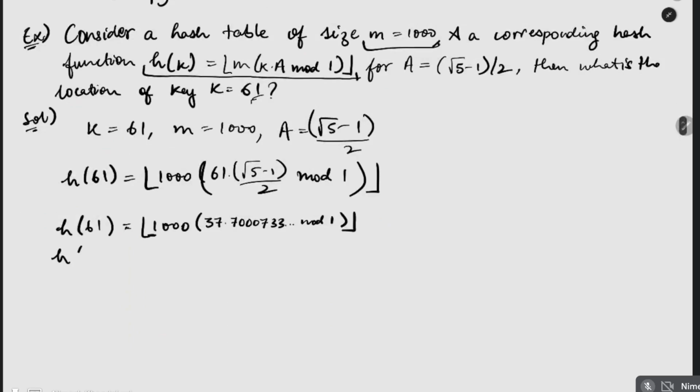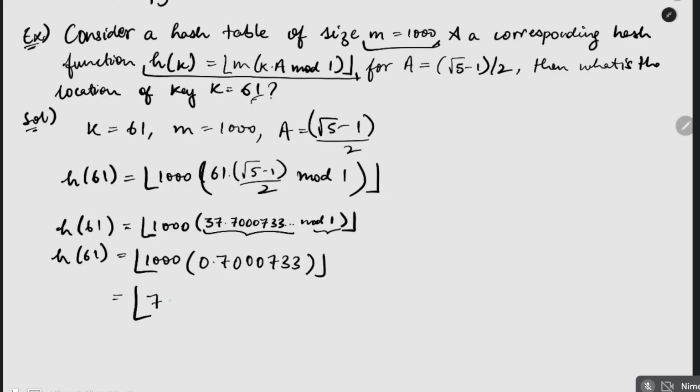Let's further simplify this. This quantity modulo 1 will be basically just the fraction part, 0.733. Multiplying by 1000 gives 700.0733.